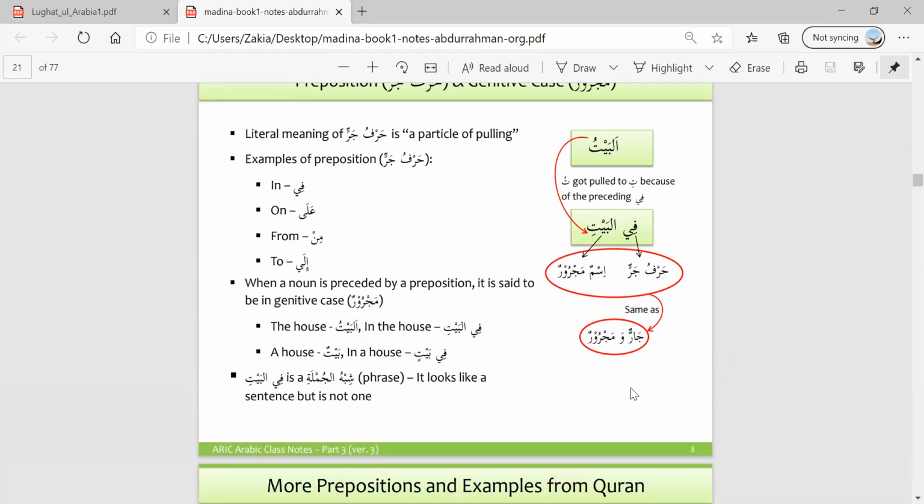When a noun is preceded by a preposition, it is said to be in the genitive case, which is what I've just explained. So the house, al-baytu, becomes fil bayti. Anytime you have any of these prepositions, the noun will change into a kasra. Okay, that's a rule. Anything that's preceded by a preposition, the noun becomes a majroor.